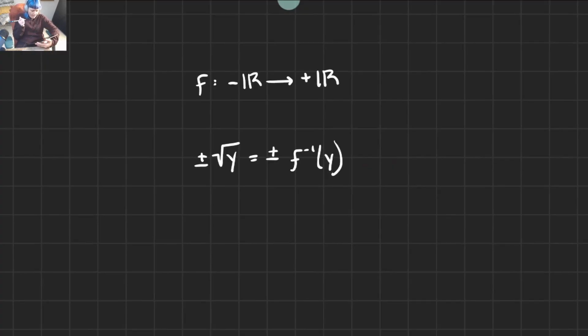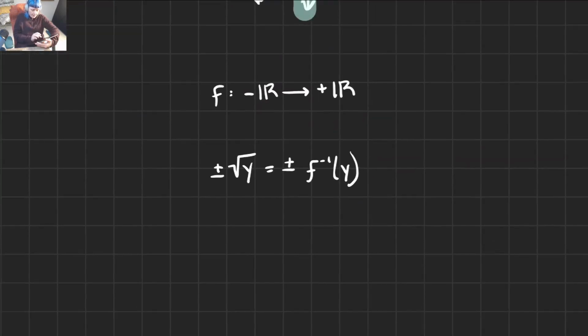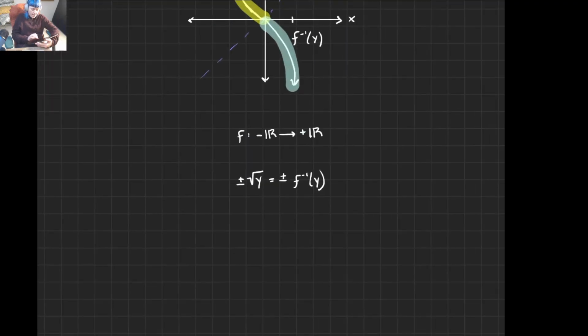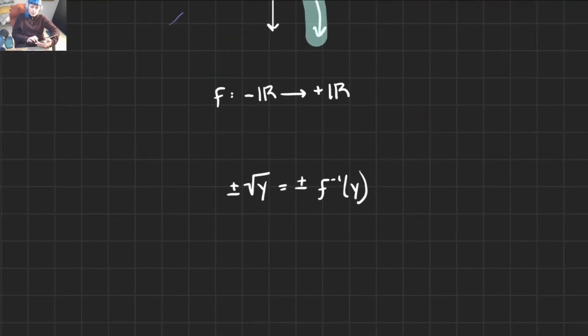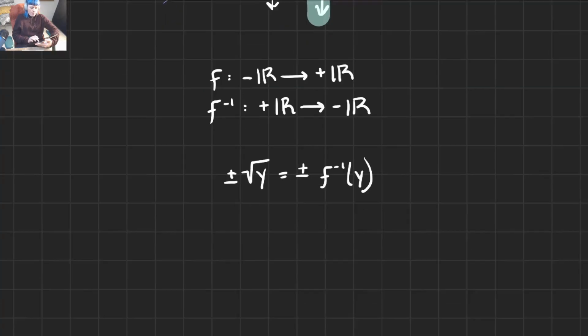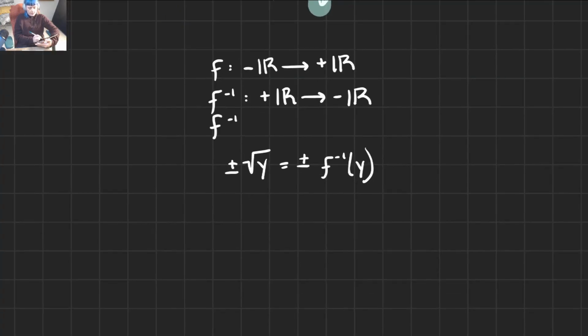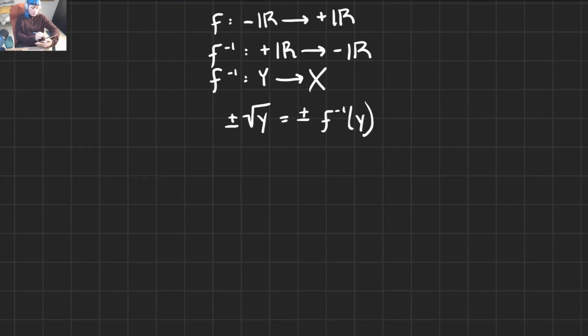So here we're showing that for f, we're going from the negative reals to the positive reals. Well, for f inverse, then we want to do the opposite. We want to go from the positive reals to the negative reals. And f inverse is where we're going from y and ending up at x, from the range to the domain.